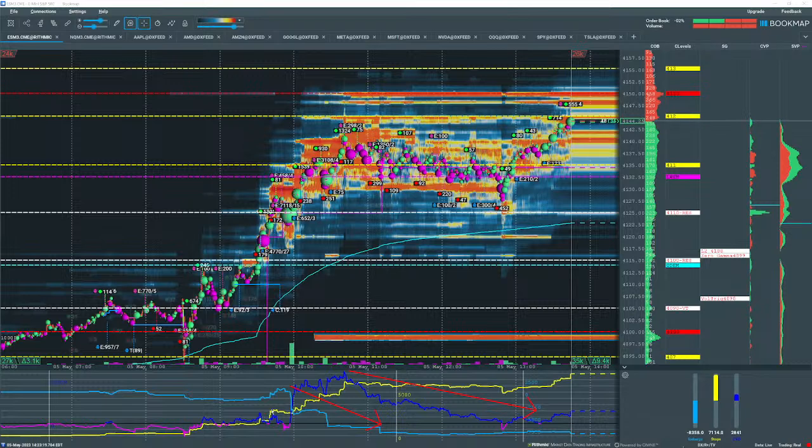But it appears to be at least stop orders helping to fuel most of the move higher, and it looks like stop orders now are helping to again fuel the move higher.